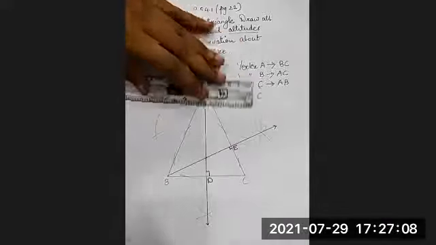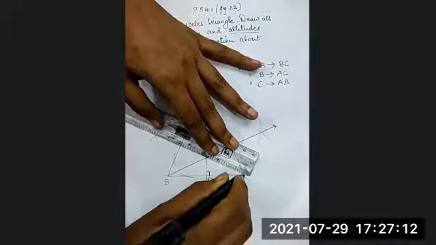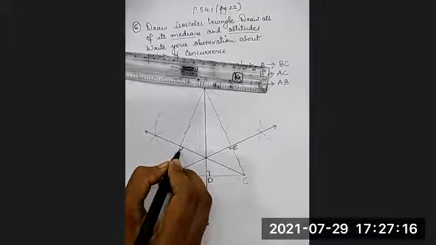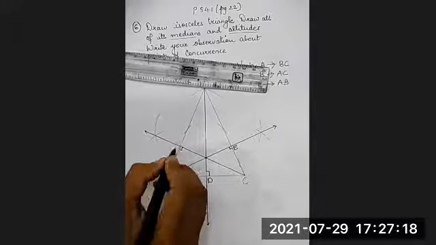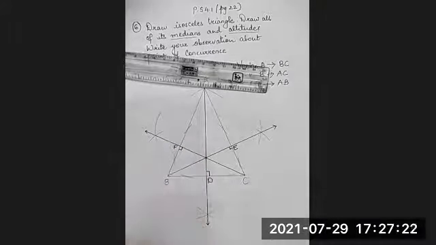So I get the arcs. I will draw a line from vertex C to this point. And this is my perpendicular from vertex C. I'll name it as F. So my altitudes are done.